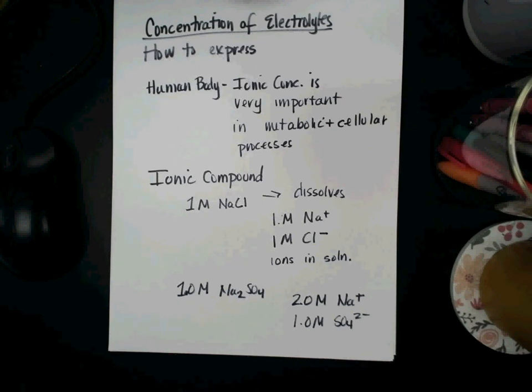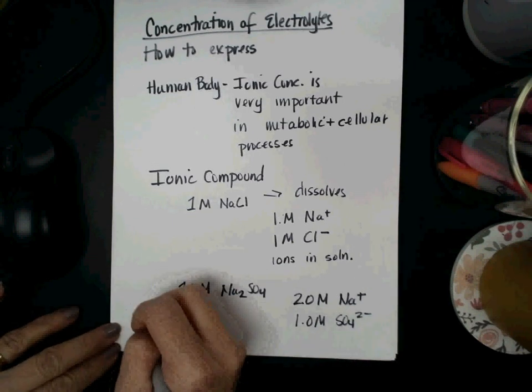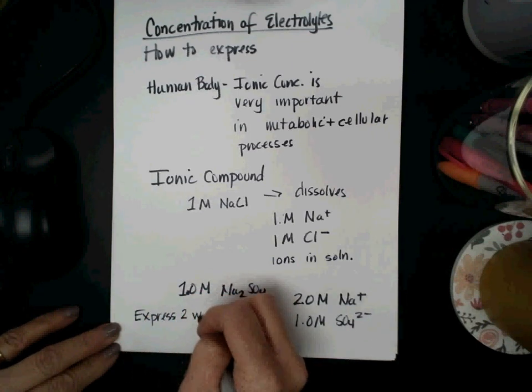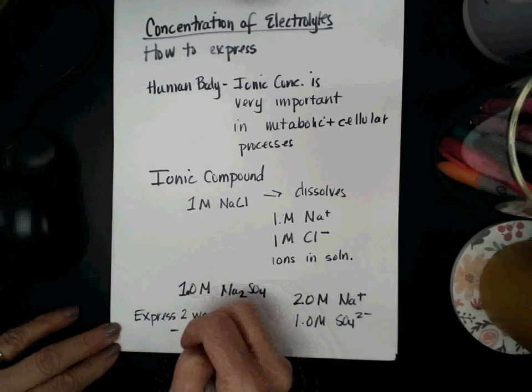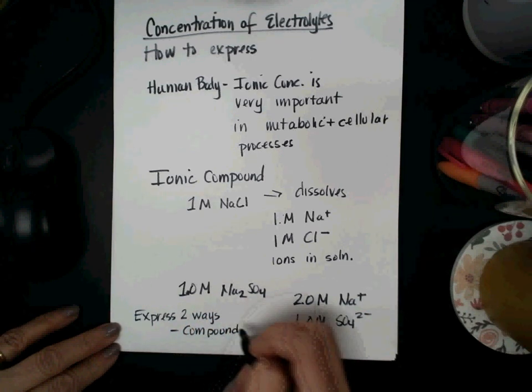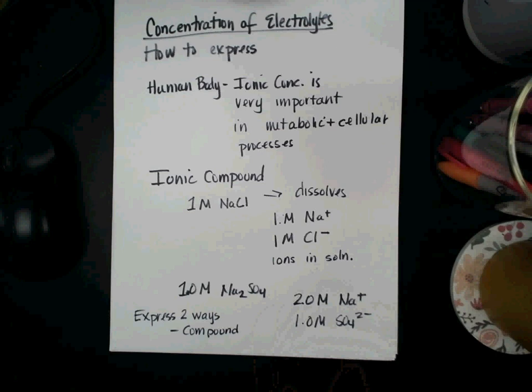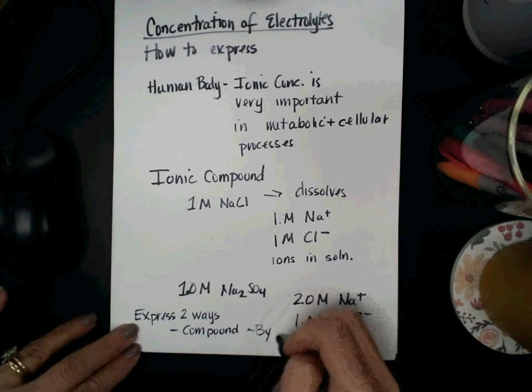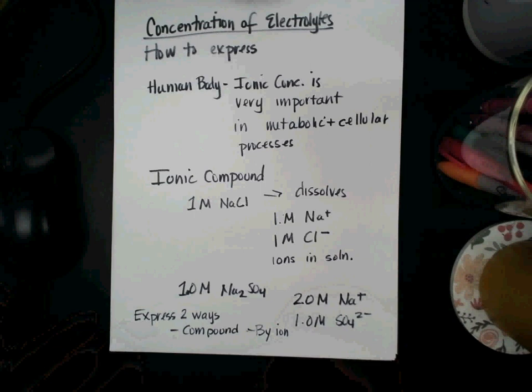So when I'm expressing the concentration of an ionic substance, I can express it two ways. It can be the whole ionic compound, like the 1 molar sodium sulfate, or it could be by ion.